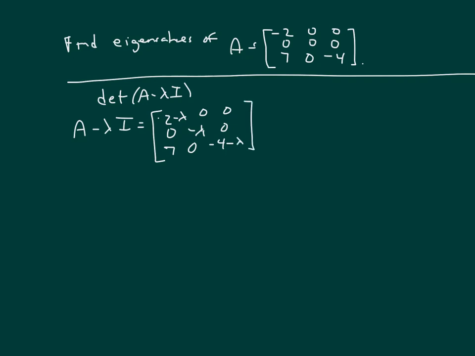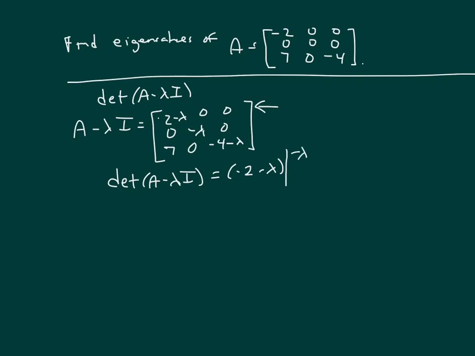And then we want to find the determinant of A minus lambda I. There are lots of different ways we could get it. We could just expand over the top row using our determinant cofactor expansion. That's going to be negative 2 minus lambda, that first entry, times its minor.